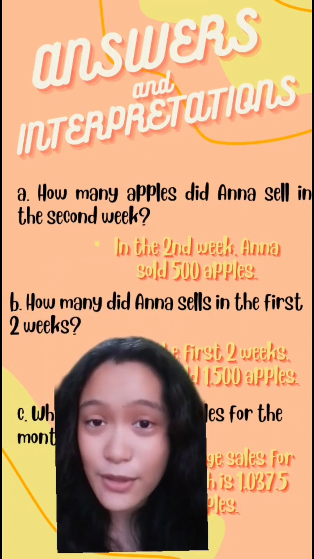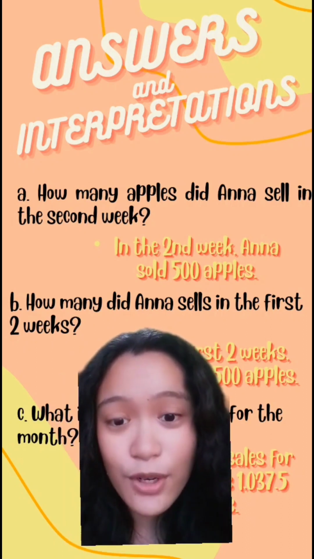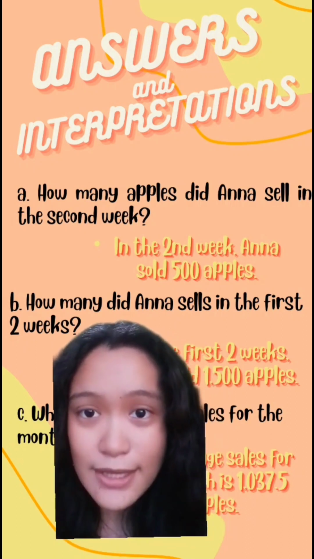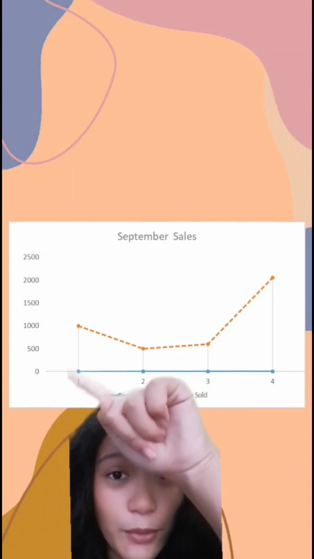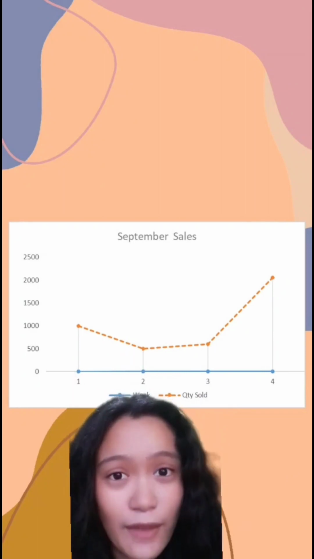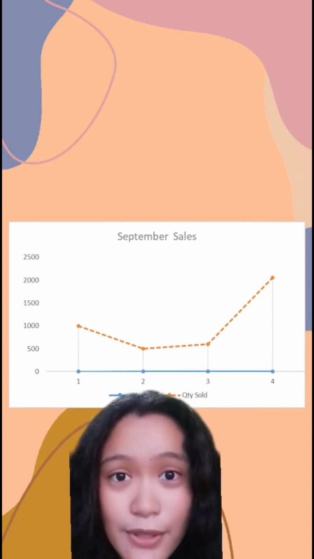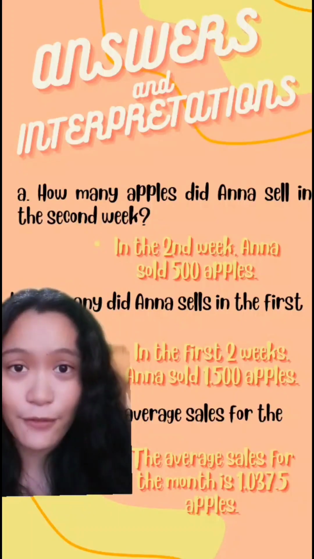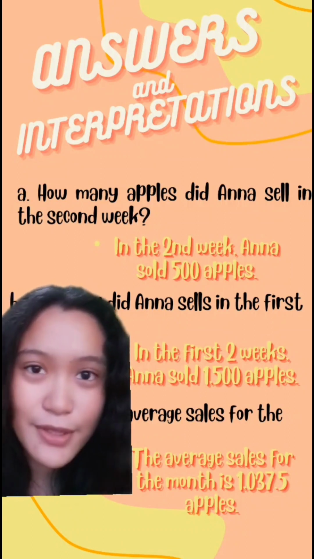For the second question, how many apples did Anna sell in the first 2 weeks? In the first week, Anna sold 1,000 apples, and in the second week, she sold 500. If we add those together, we get 1,500 apples. Therefore, in the first 2 weeks, Anna sold 1,500 apples.